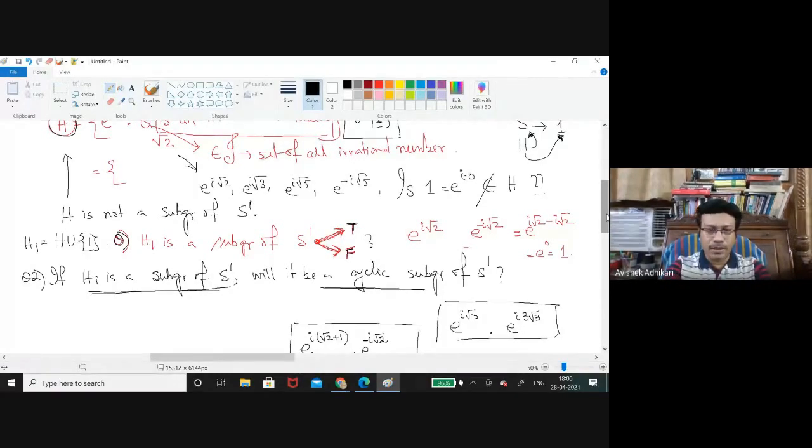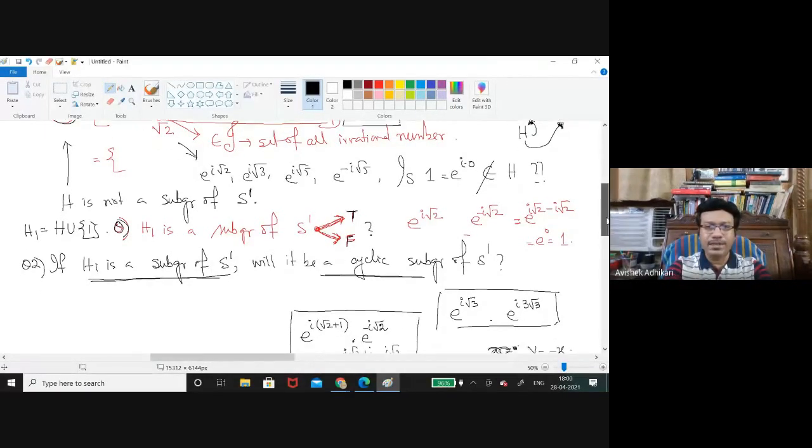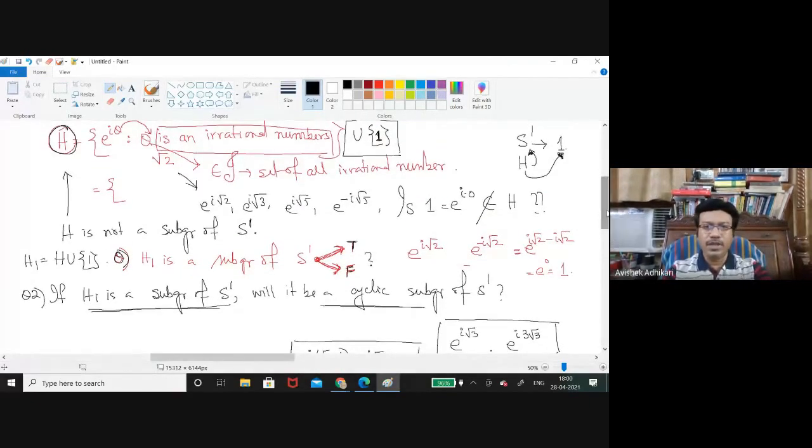Anyway, it was a very nice try: you started with the set H, then you tried to add something to it. Initially you added one, and apparently it looked like almost a group. H1 was like a group, and you were almost convinced that it could be a group. And then if you are convinced enough, I was thinking of sending you to some other things.